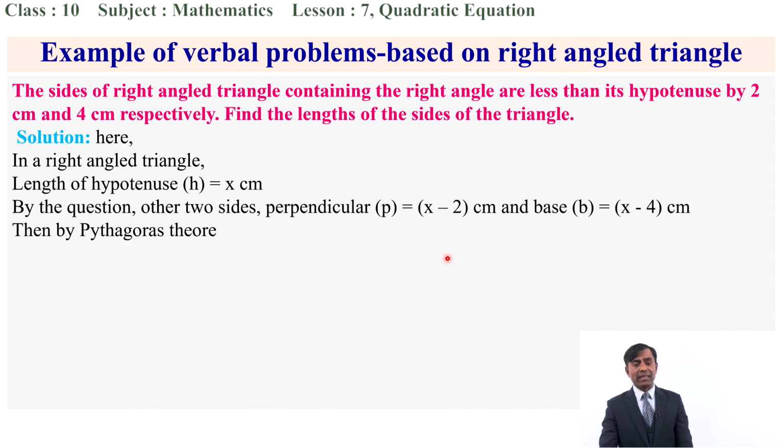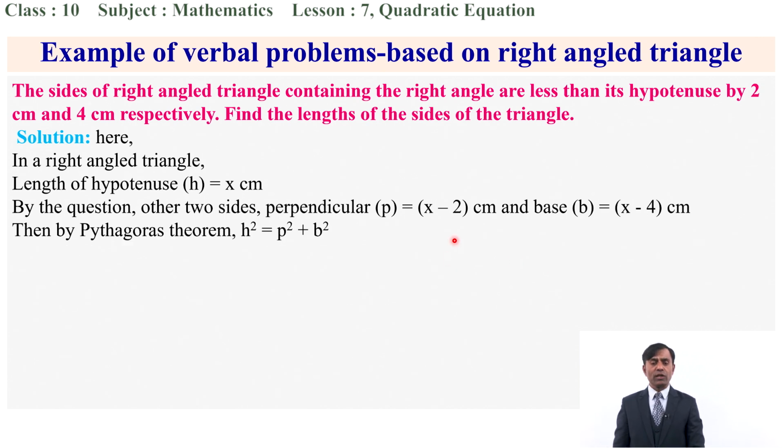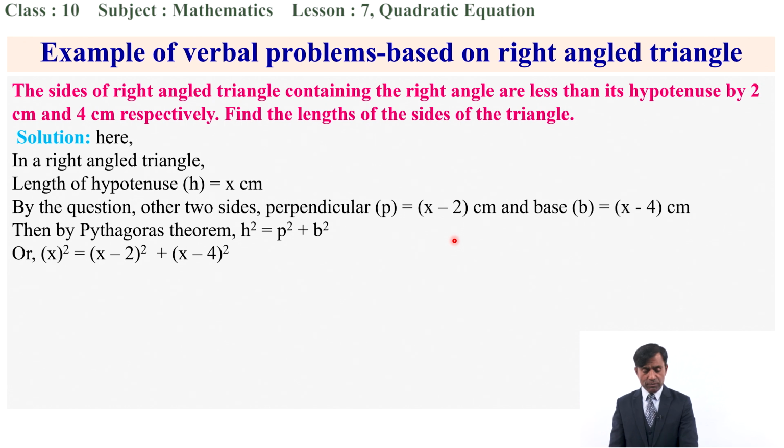Then by the Pythagoras theorem, h square is equal to p square plus b square. Replacing values: h is x centimeter, so h square means x whole square, p square means x minus 2 whole square, and b square means x minus 4 whole square.